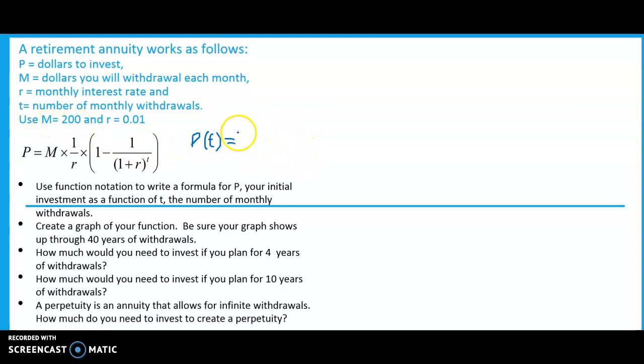So M is 200, and then we're going to multiply that by 1 over R, and we're told R is 0.01, and then we're multiplying that by a huge parenthesis here. In our parenthesis we have 1 subtract, and then we have a large fraction bar where we have 1.